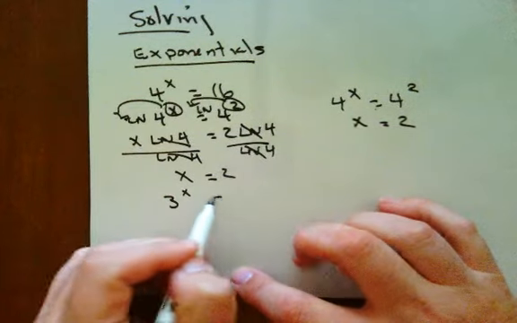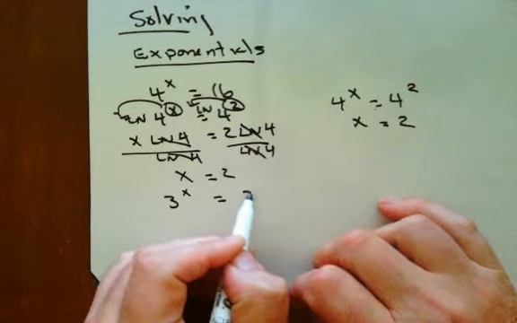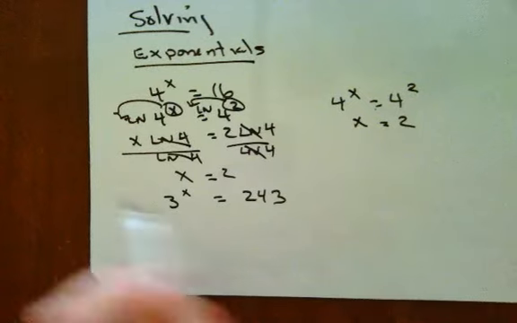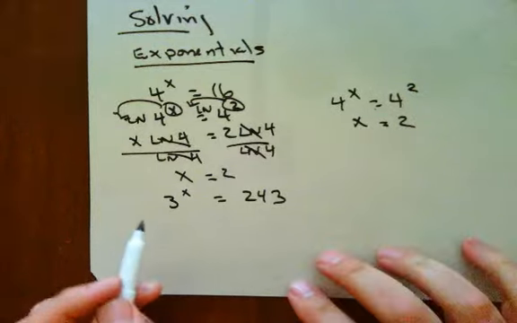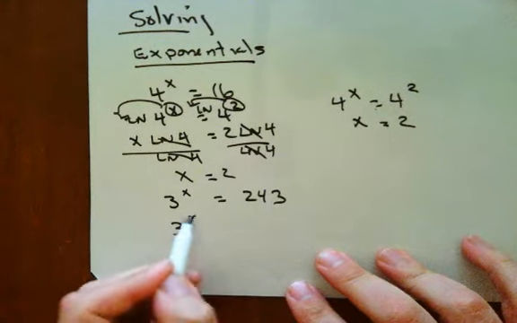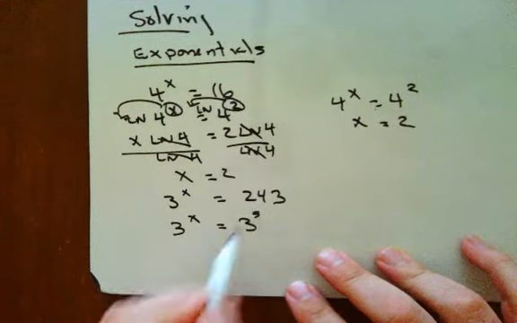Okay, can you do this one then? 3 to the x equals 243. 5, 4, 3, 2, 1.